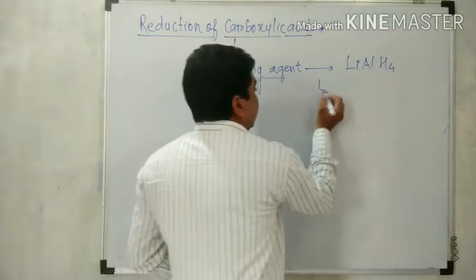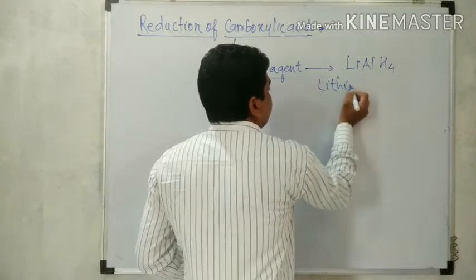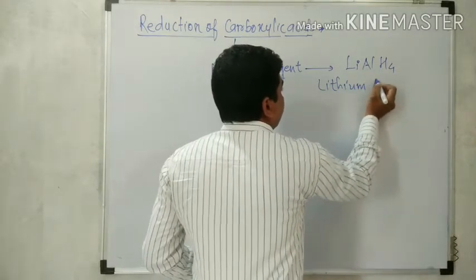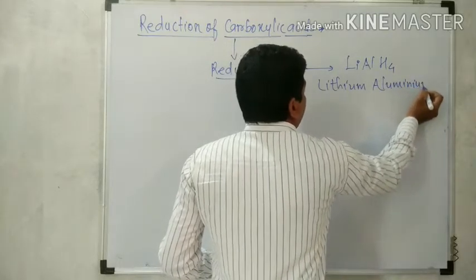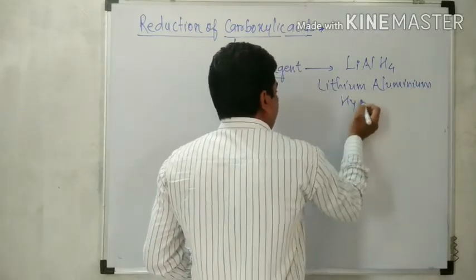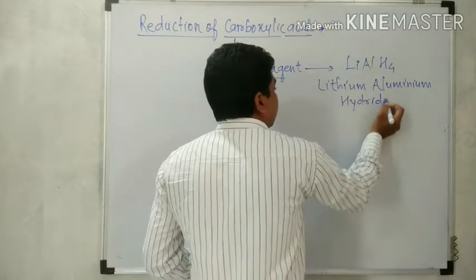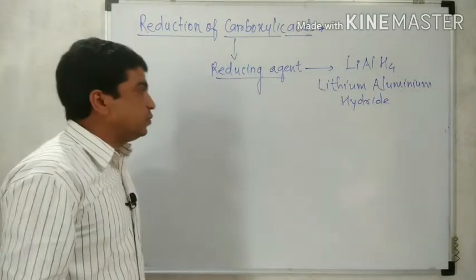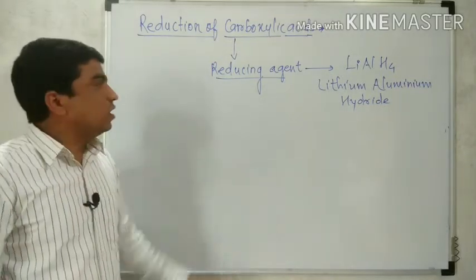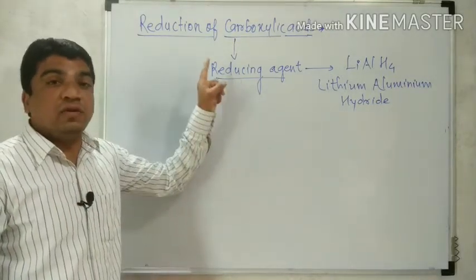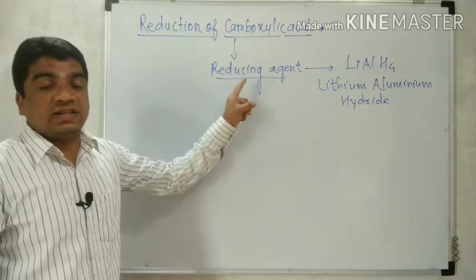LiAlH4: Li for lithium, Al for aluminium, H4 represents hydride. The complete name of LiAlH4 is lithium aluminum hydride, which is a strong reducing agent.